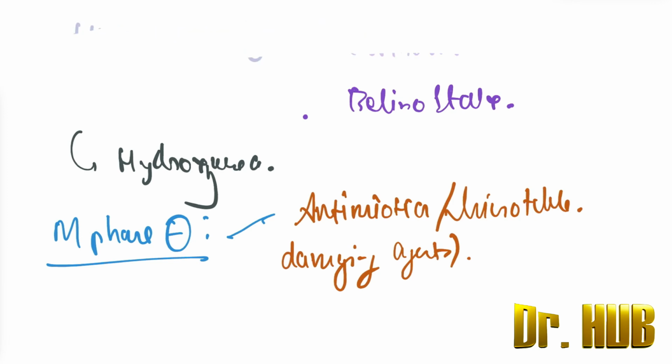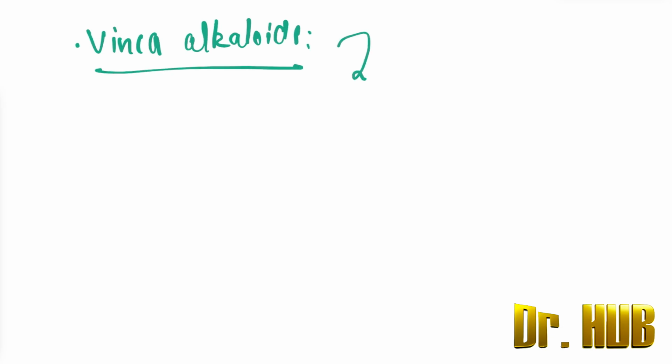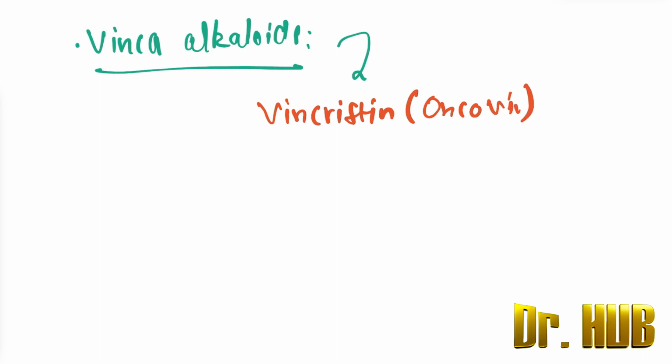What is present under the M-phase inhibitors? There are vinca alkaloids. Vinca alkaloids include vincristine, that is Oncovin.